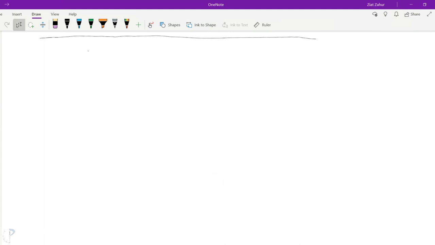So let's draw some quick circuits. Here is the series circuit. And here is our parallel circuit. I'll draw it this way.